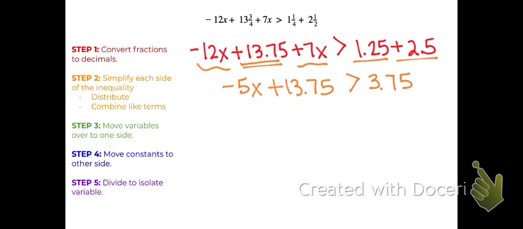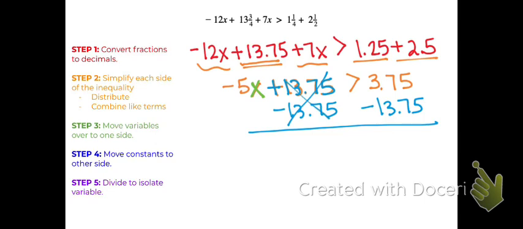So all my variables are already on one side, so I'm good there. Let's now move the constants over to the right side. Let's undo the adding 13.75 by subtracting, because that's the opposite of adding.